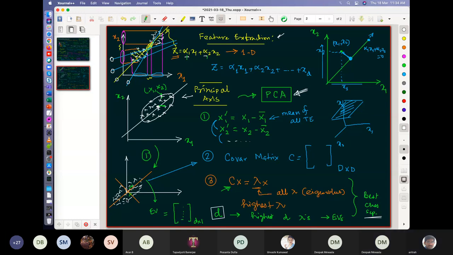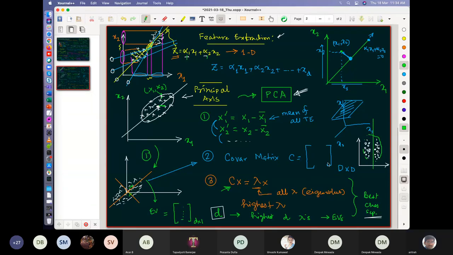Okay. However, I just end this with a very small exploratory puzzle. Suppose you have points, two separable classes like this. Now you can easily see that if you try to draw your ellipse, obviously your principal axis will look like this.